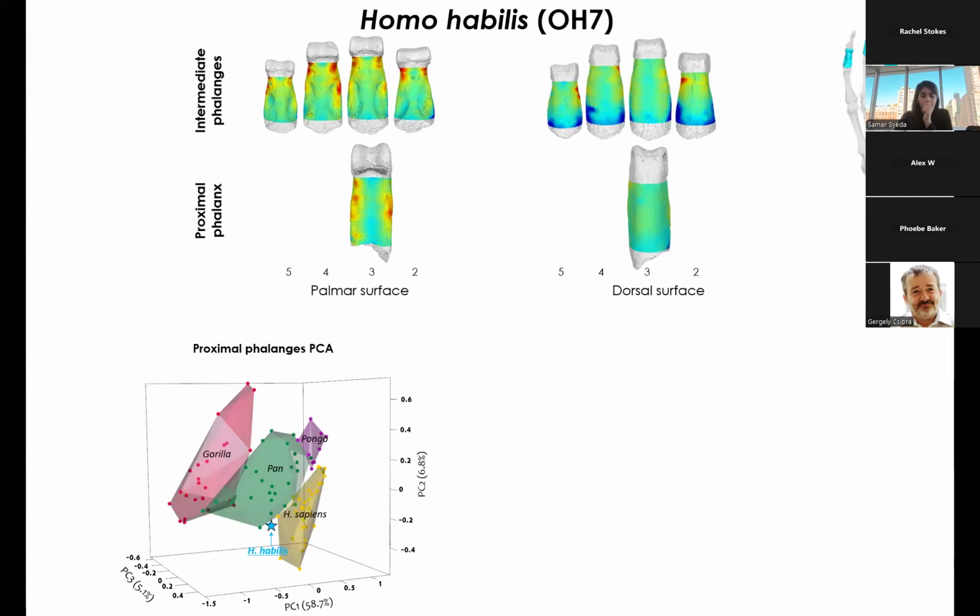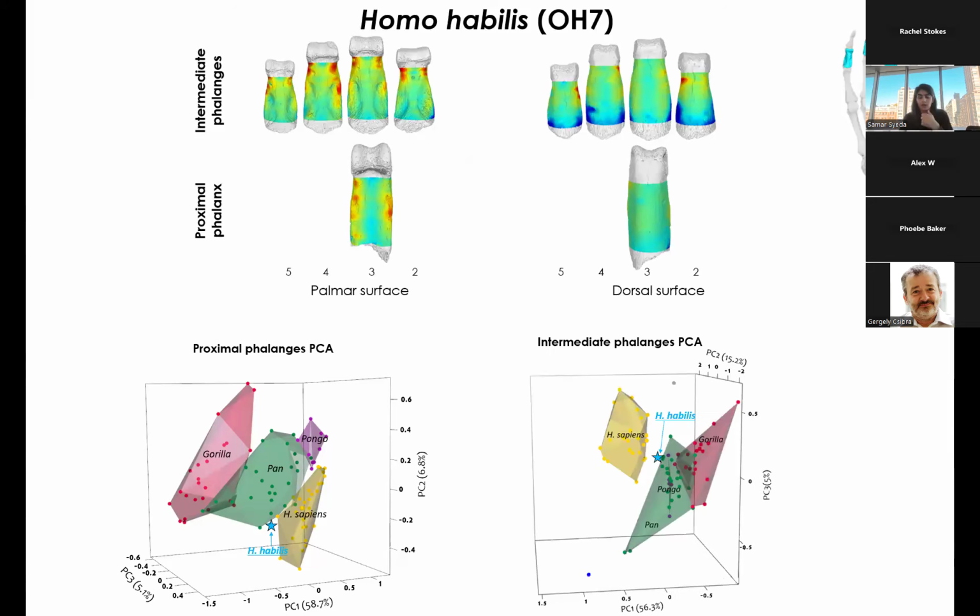So for the proximal phalanx, it falls quite close to the Pan distribution, and just at the edge of the Pan distribution actually, and the intermediate phalanges as well. So again, indicating being more close to the non-human great apes rather than a human-like signal.